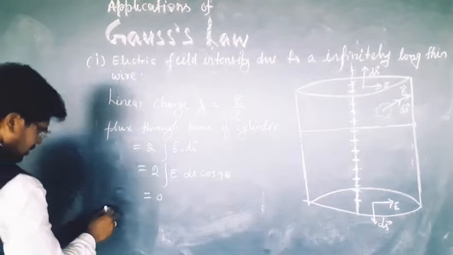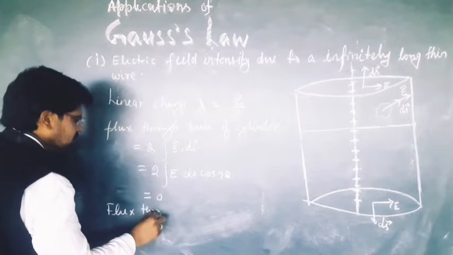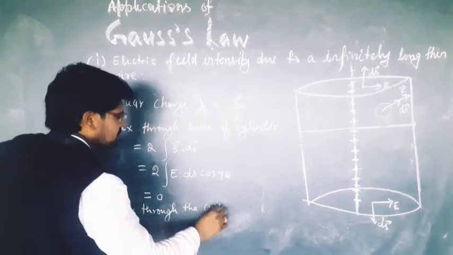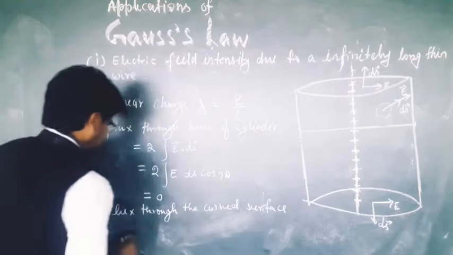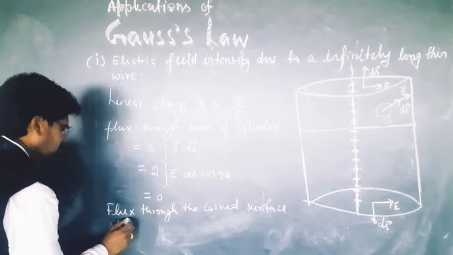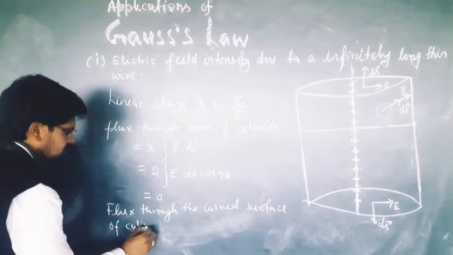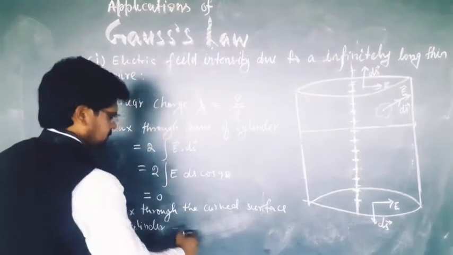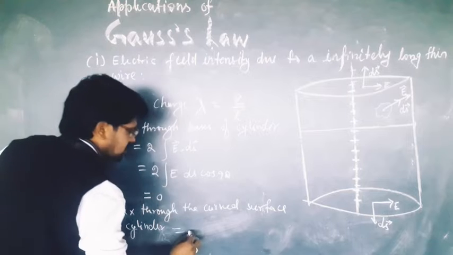So flux through the curved surface of the cylinder will be equal to how much?